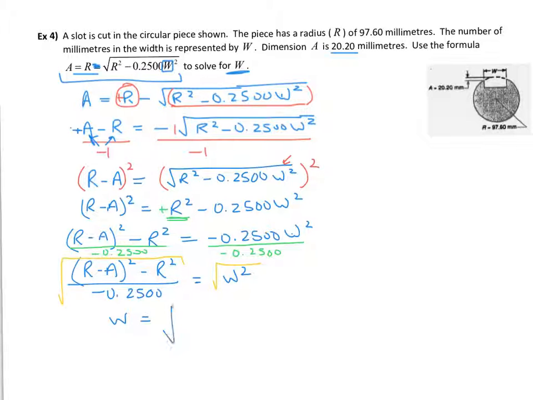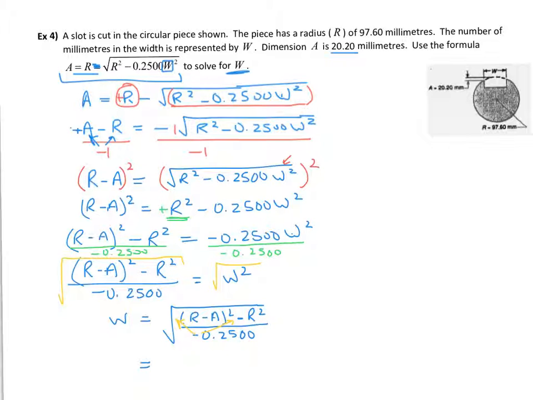So our W will equal the square root of, and you want to make sure that square root is going to cover everything. So it's the R minus A all squared minus R squared. And this is also underneath the bracket. Now, you might also see this, that negative dividing, just the negative, dividing both pieces here.